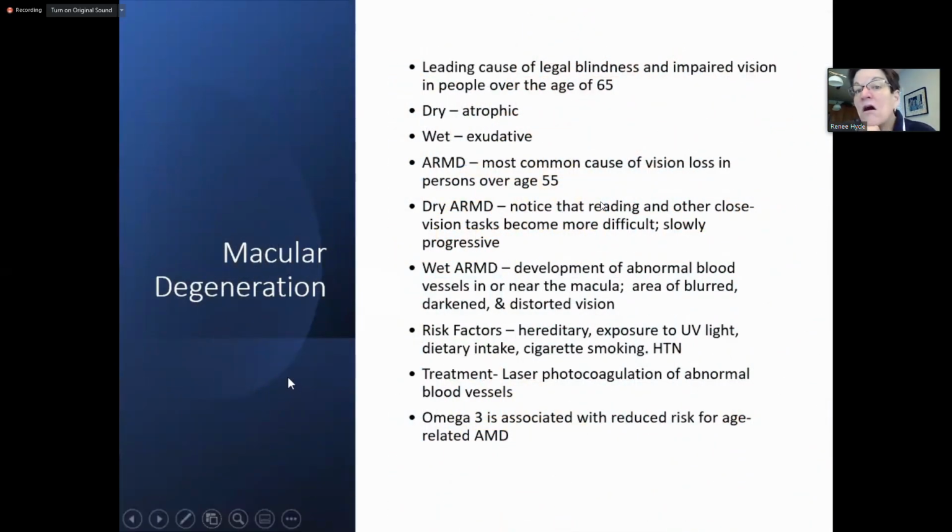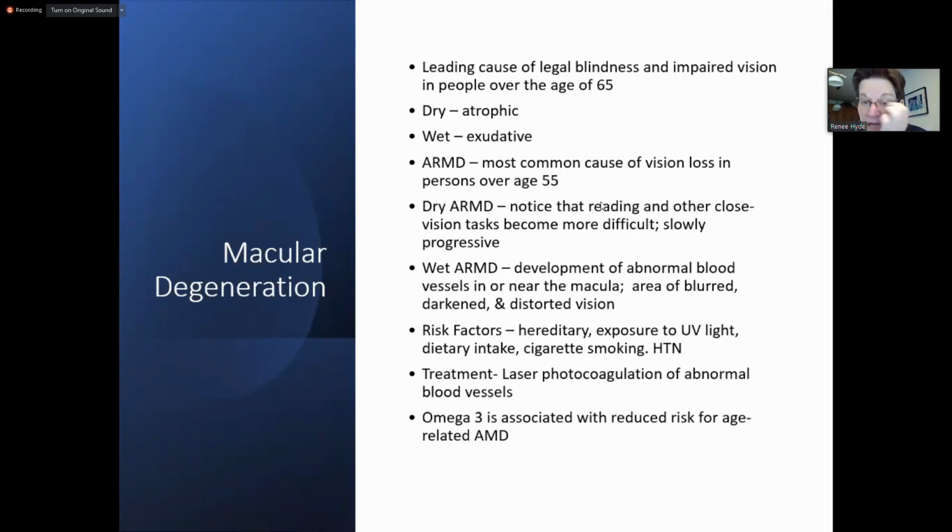It is the leading cause of legal blindness and impaired vision over the age of 65. The dry type is atrophic, which means that there's atrophy of the retina, of the macula. The wet type is exudative, meaning that the vessels leak and cause edema. It's the most common cause of vision loss in persons over age of 55.